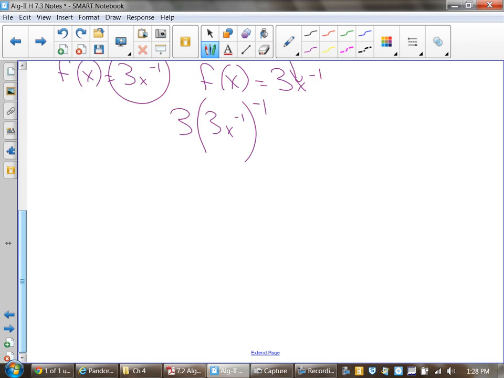Here's what happens. You have the 3 out in front. I am distributing this negative exponent, so I have 3 to the negative 1. I distribute the negative exponent to the x to the negative 1. That is your power to power, so you have to multiply. What's negative 1 times negative 1?